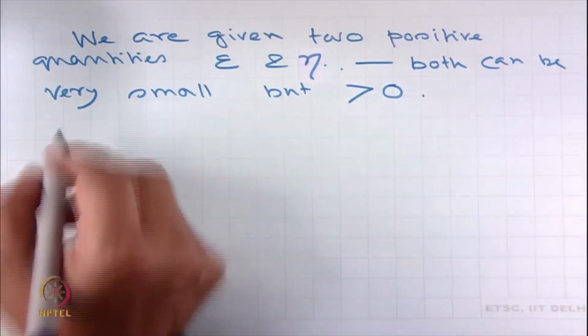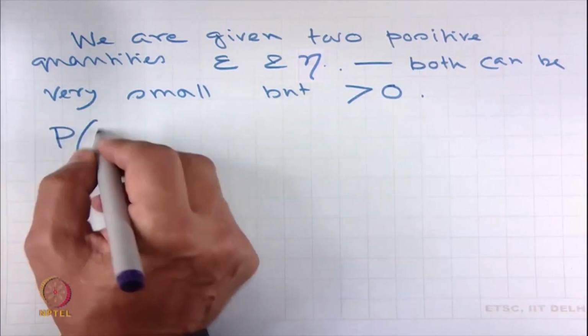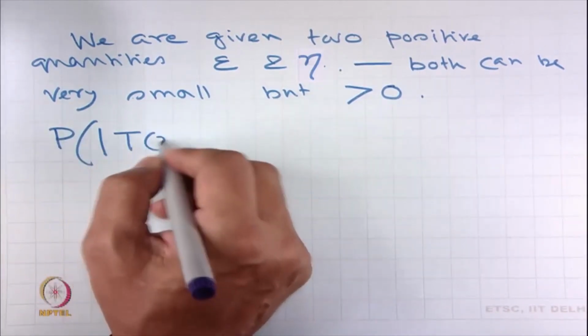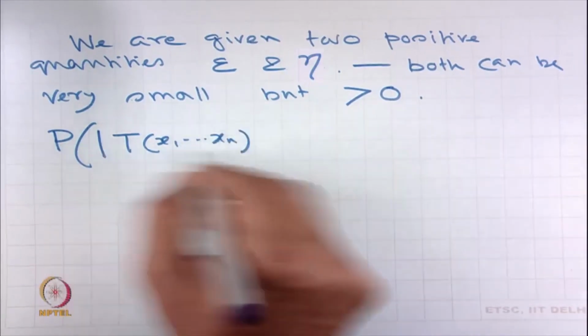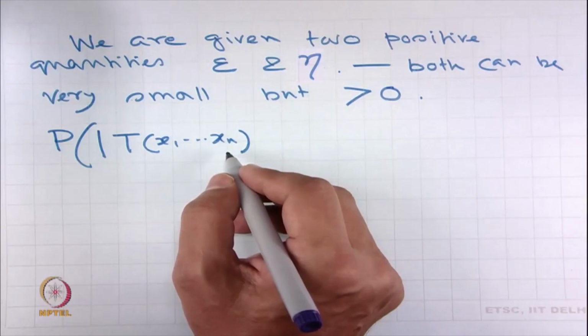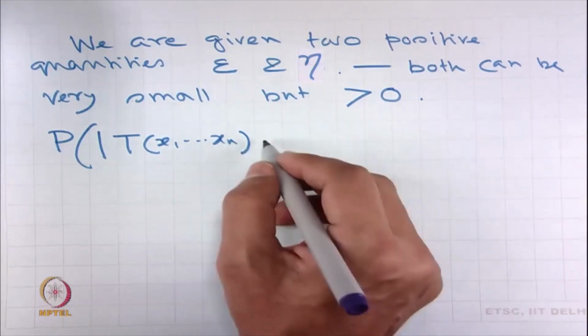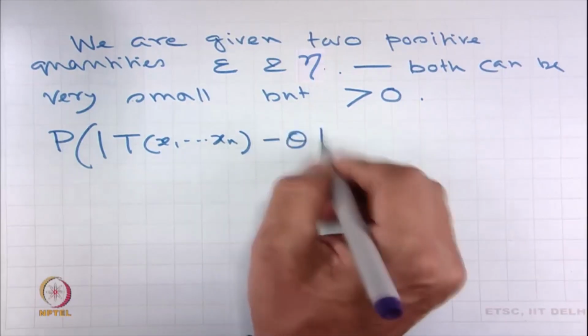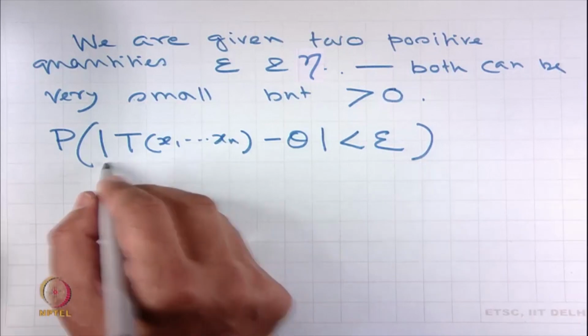So, the definition says that the probability that T of x1, x2, ..., xn, the obtained value of the statistic from the sample of size n, minus theta is less than epsilon. So, this is the event.